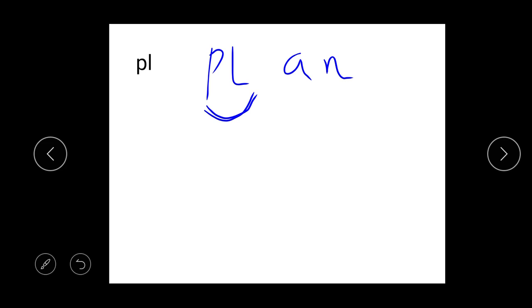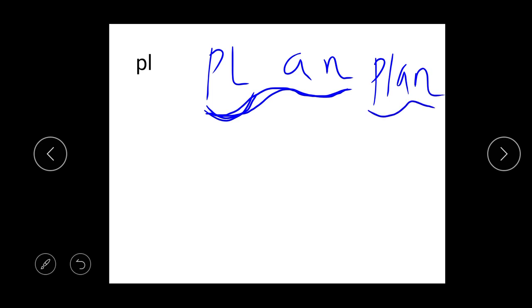Remember this consonant cluster: plan, and this will give you plan. The next one is you have your pl, then you drag this pl with the o, t, s, and the last sound.